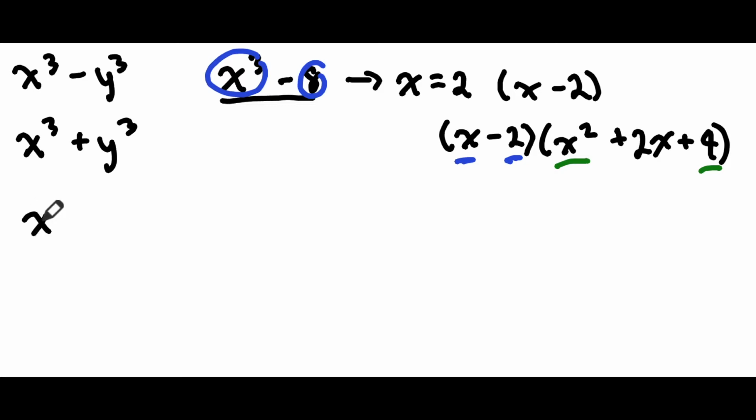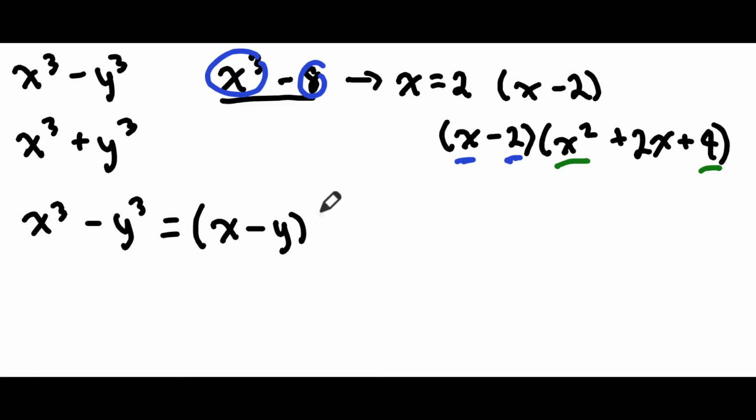If we have x cubed minus y cubed, where x and y simply represent any term, we can factor this by finding the cube roots first. The cube root of x cubed is x, and the cube root of y cubed is y, and we simply subtract them.